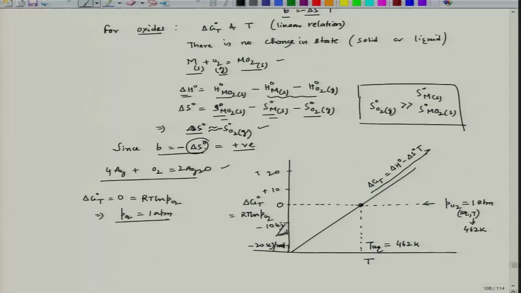Now, if I go to a temperature T which is less than 462 Kelvin, then del G 0 T is less than 0, which means that the PO2 equilibrium, let us say T prime, should be less than the PO2 equilibrium at 462 Kelvin.